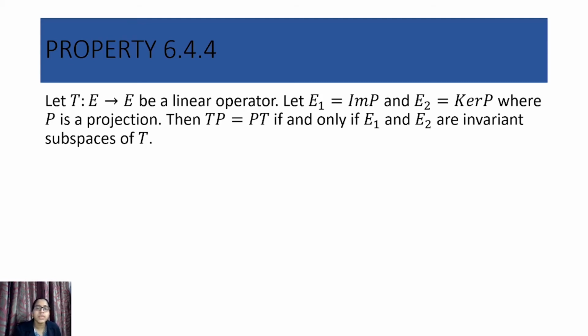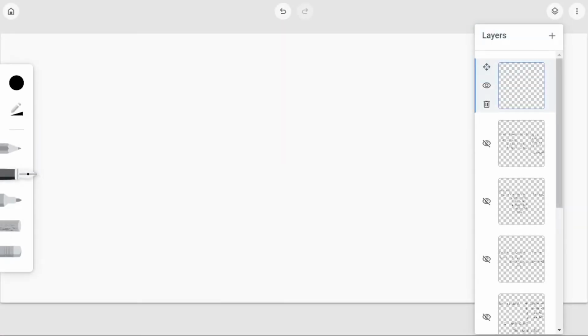Then TP equal to PT, that is, these two operators commute, if and only if E1 and E2 are invariant subspaces of T. Okay, so we can say that an operator and a projection commute only if the corresponding image and kernel of the projection operator are invariant under T. Okay, so let's see how we can prove this property of the projection.